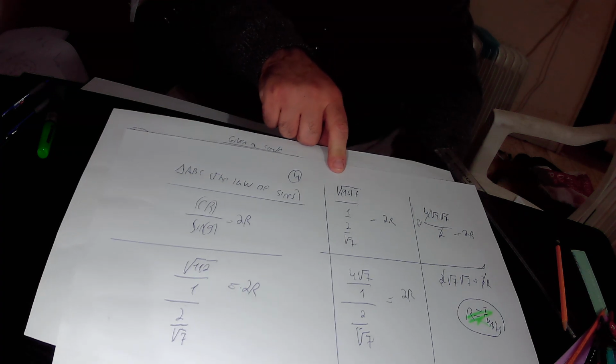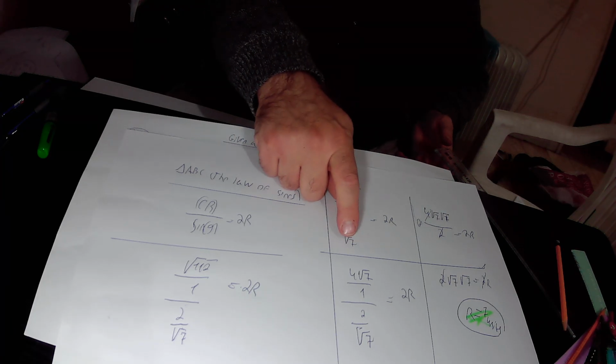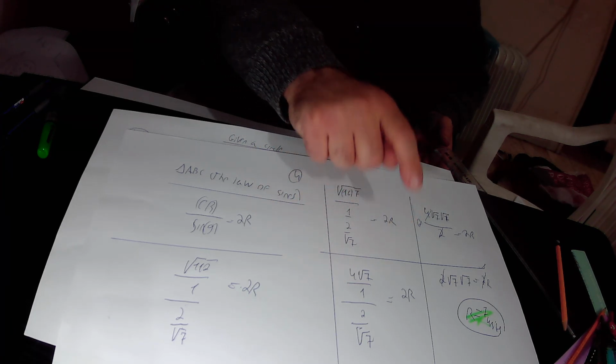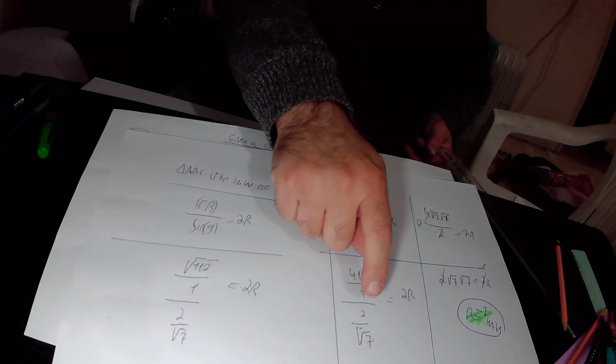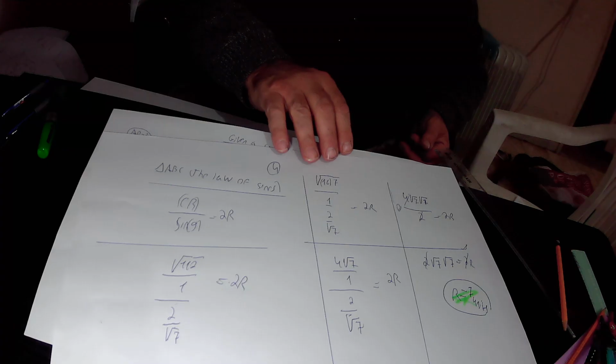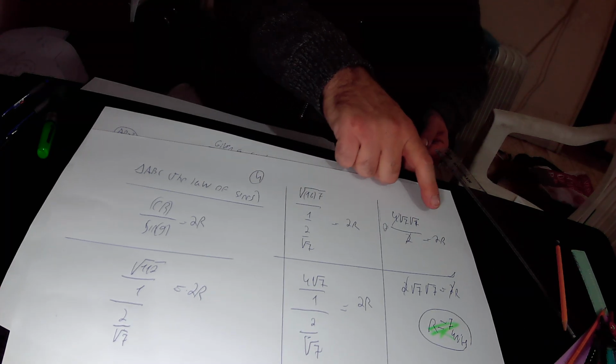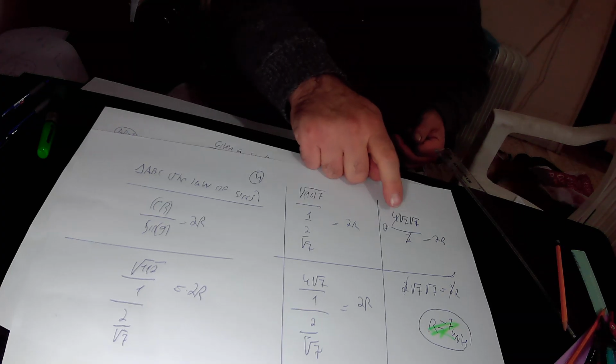The square root of 16 is 4, so inside the root we left only 7. So 4 times square root of 7 over 2 over square root of 7 equals 2R. Here we moved square root of 7 to the numerator and 2 to the denominator. In total, 4 times square root of 7 times square root of 7 over 2 equals 2R. 4 over 2 is 2.